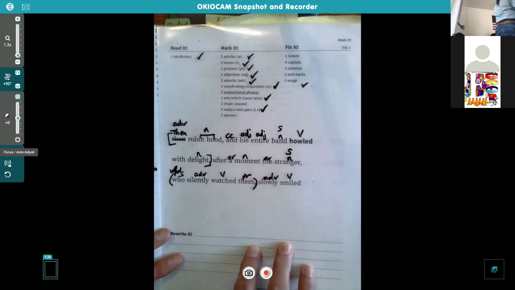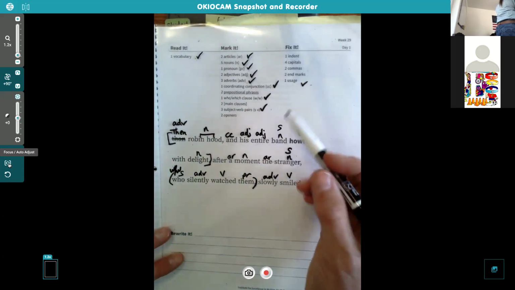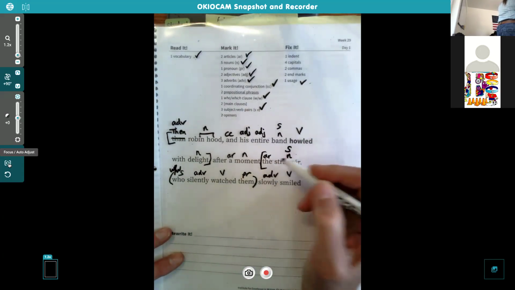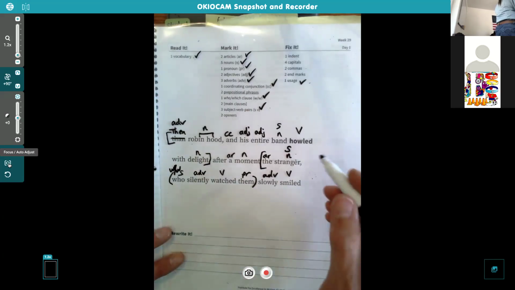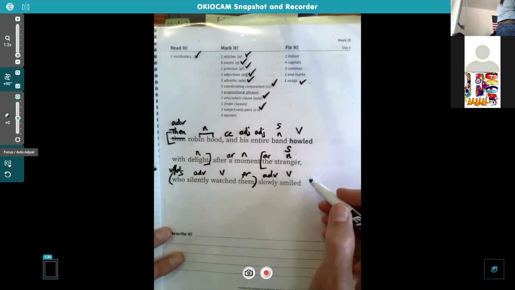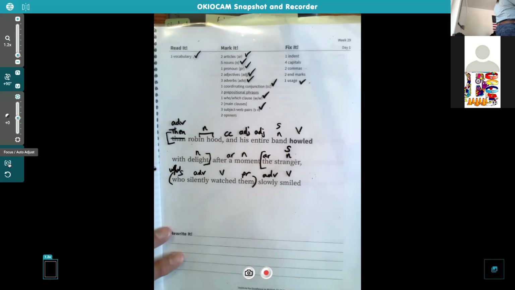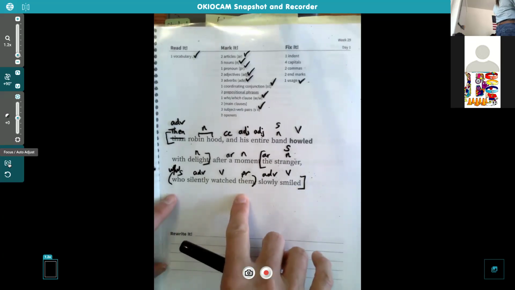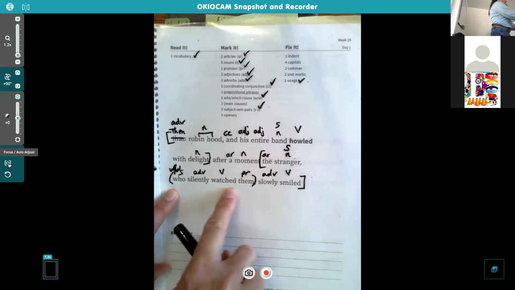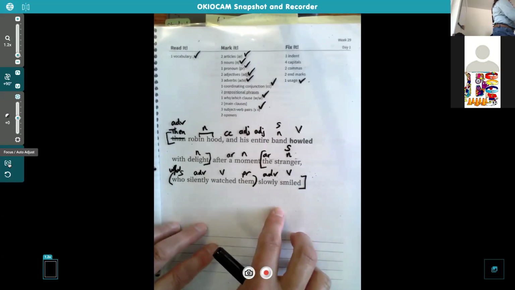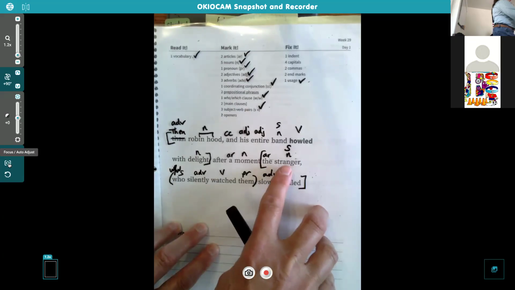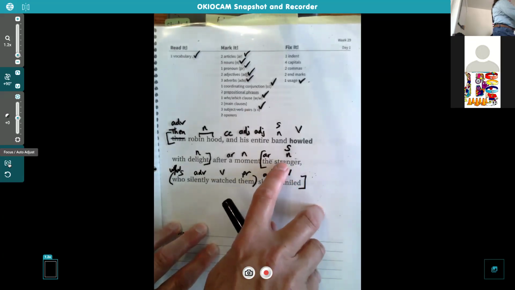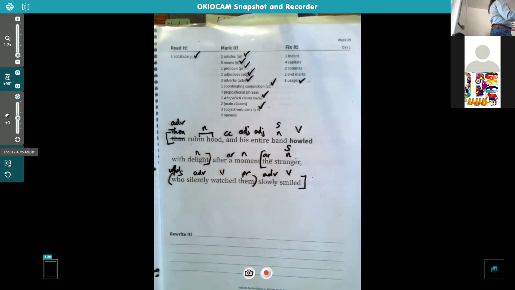The other main clause is gonna include the opener after the preposition. The stranger smiled. Yes, very good. And the reason is because see how we have the who clause here? We already have a subject verb pair in that clause. And then outside of that clause, we have the subject verb pair, so it's the stranger and smiled, it's outside of the who clause.